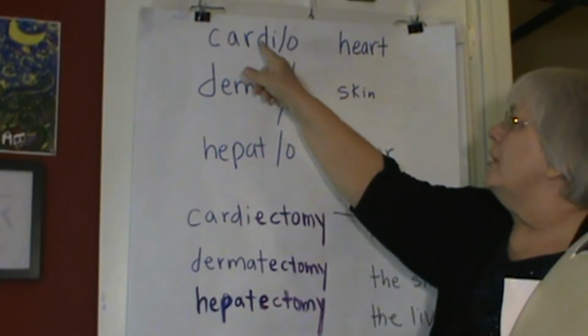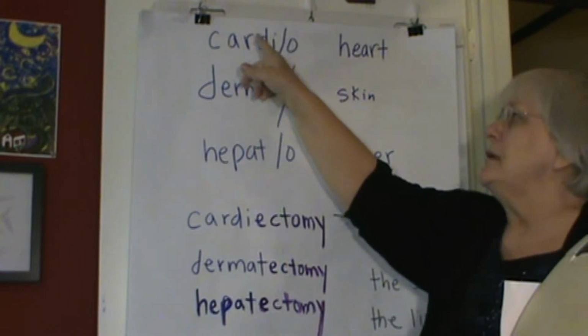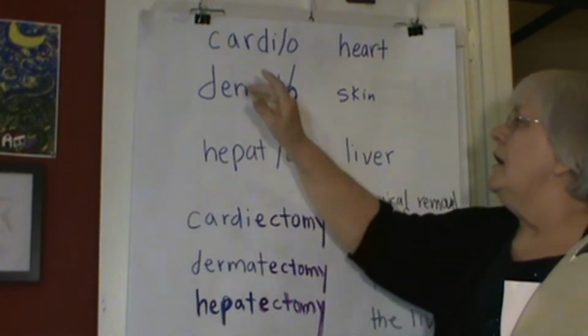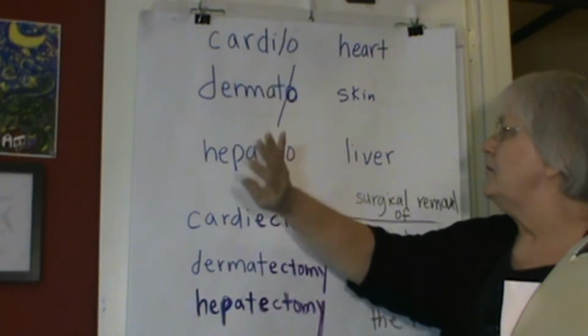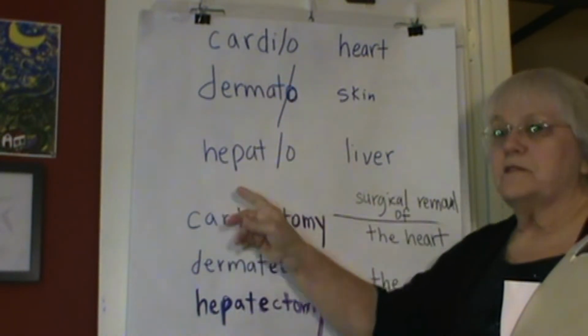You may know that cardio means heart. Again, we have a slash for the O. Sometimes we're going to use cardi and put our suffix on it. Other times we might use cardio and put the suffix on it. Same thing for dermato, same thing for hepato. Now, these are in all different systems.